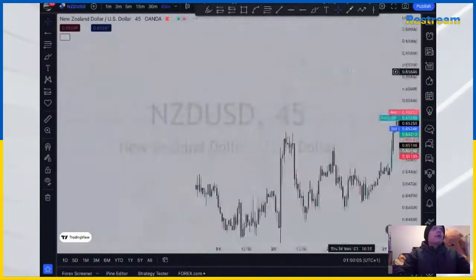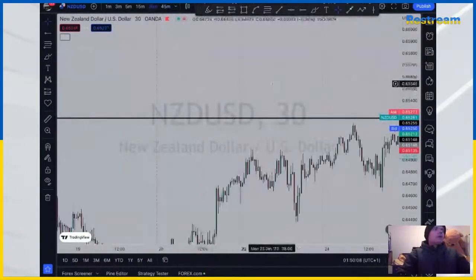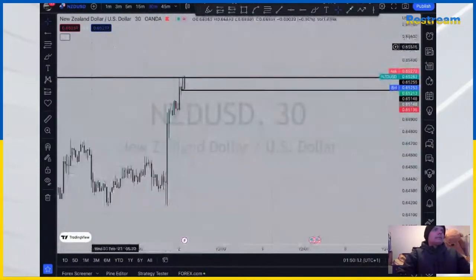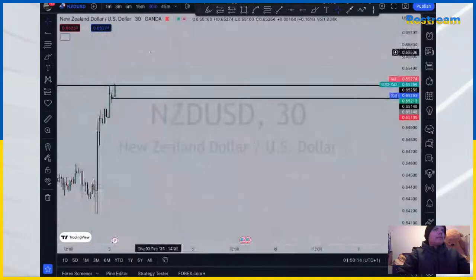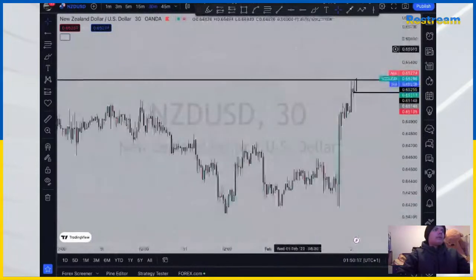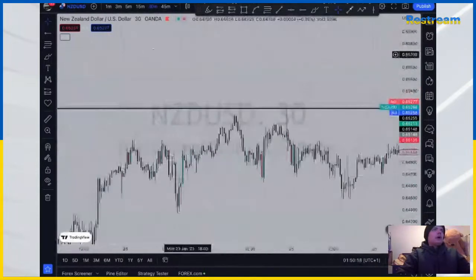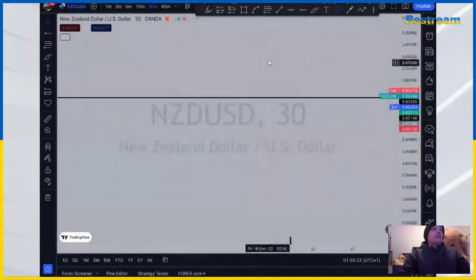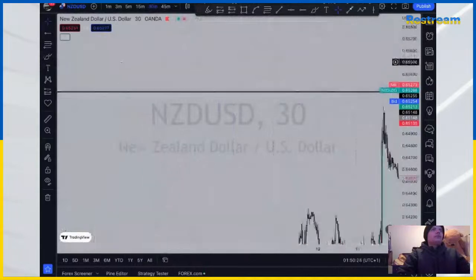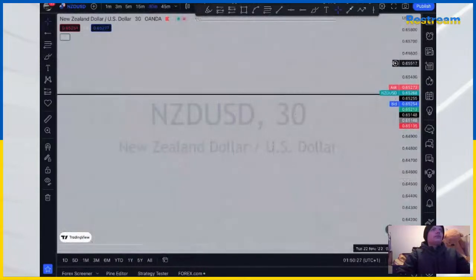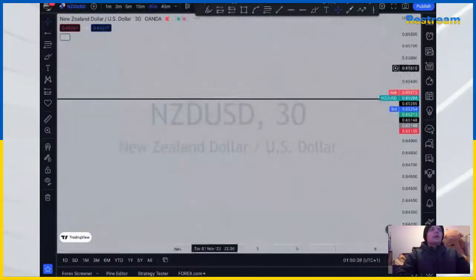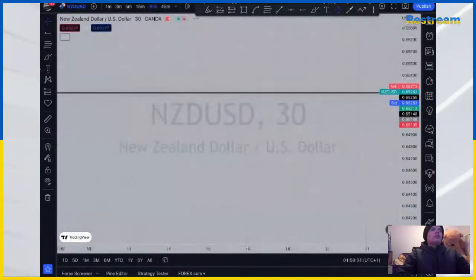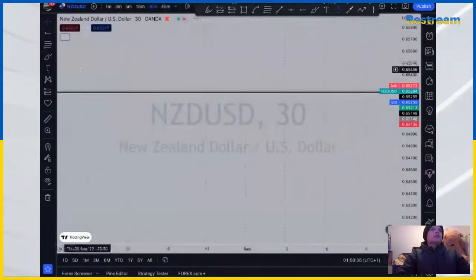I'll move the market that way more. Alright, now we're on a 30-minute time frame. And I'll keep on moving this way, that way I see where the candle is.